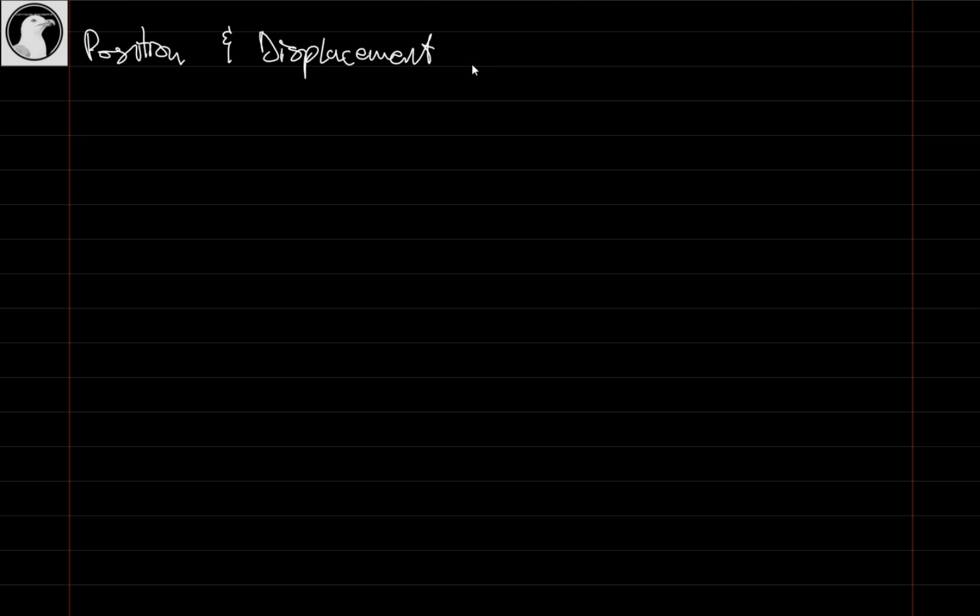Now, what do I mean by position and displacement? Well, we could use these two instead of using distance. These two are directly related to distance, meaning that they are a substitute for distance.